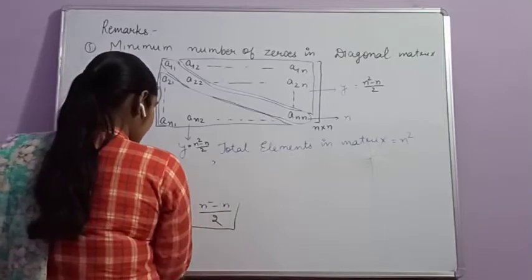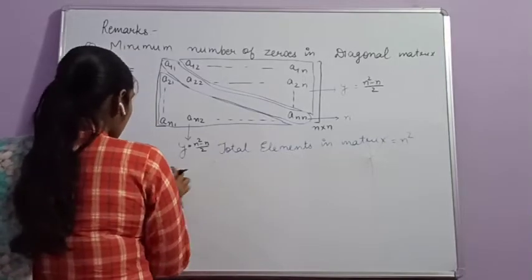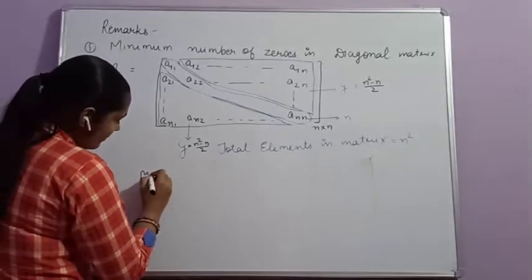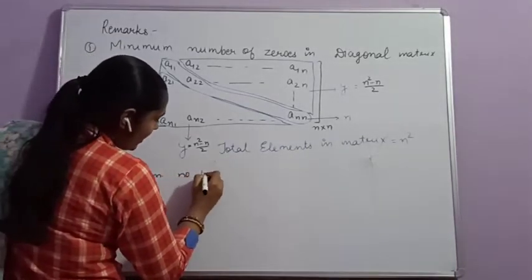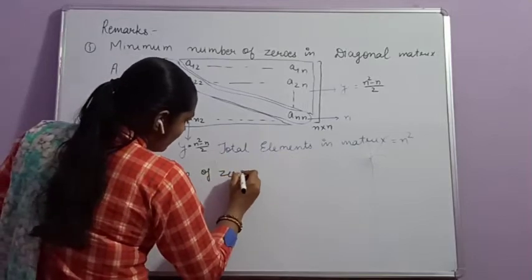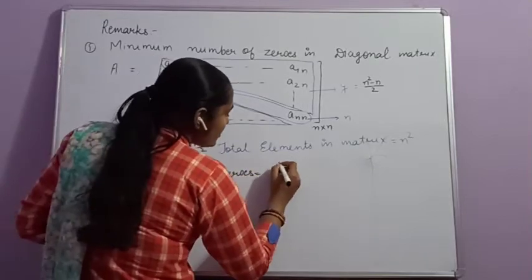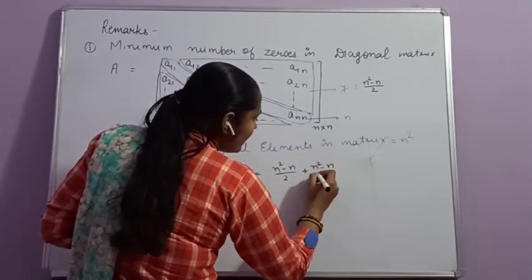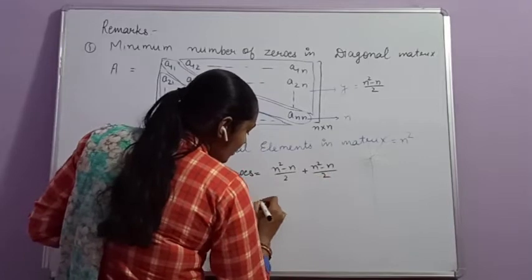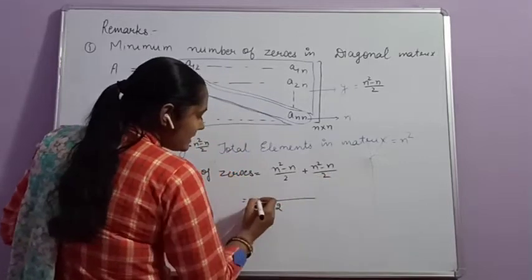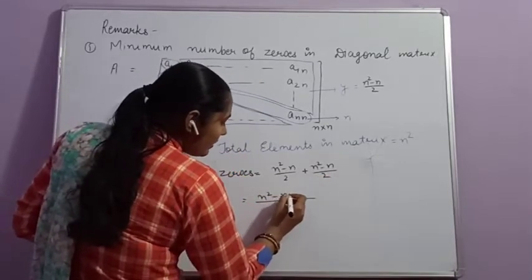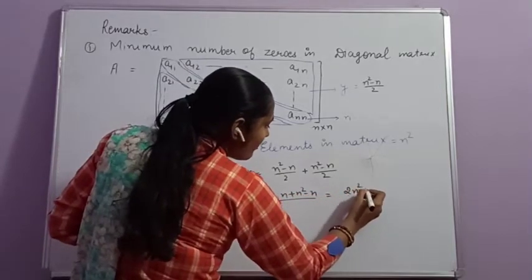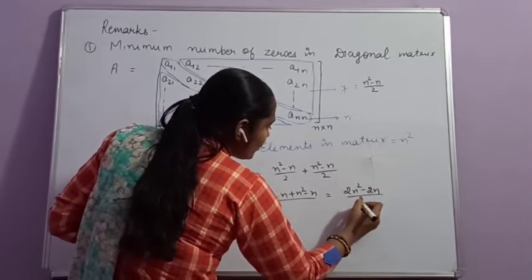Then the minimum number of zeros in a diagonal matrix must be equal to n square minus n divided by 2 plus n square minus n divided by 2. Taking 2 as LCM, that is n square minus n plus n square minus n, that is equal to 2n square minus 2n divided by 2.